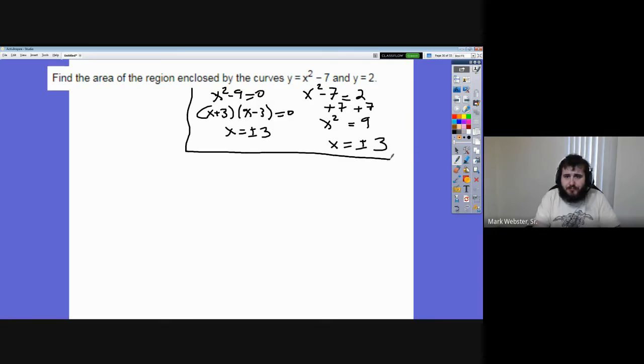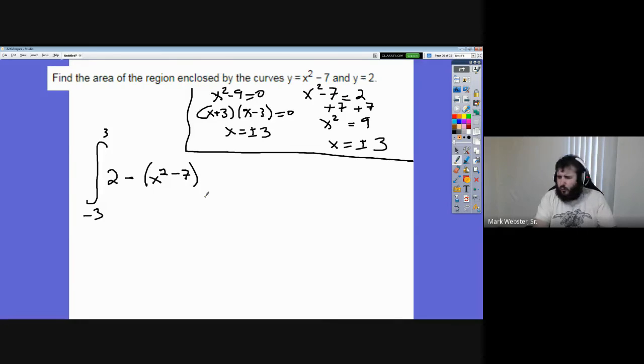So, having convinced ourselves that this is the way, we're going to do x squared minus 7 and 2 as our curve boundaries. Now, it helps to picture this in your mind. X squared minus 7 is an upward facing parabola shifted down, and then 2 is just a horizontal line. So this should be the 2 minus this part.